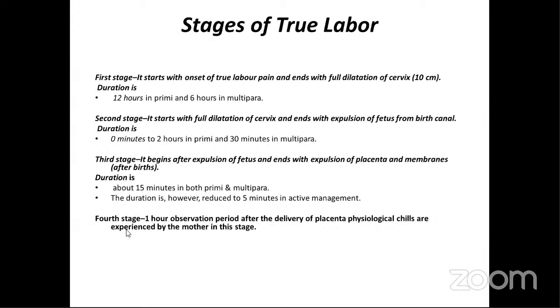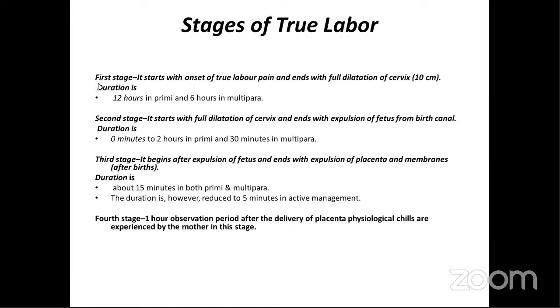You monitor the vitals, mainly pulse, BP, and saturation, continuously, and palpate the abdomen to see that the uterus is well contracted and retracted, and also check for PV bleeding. If there are any clots or excessive bleeding, you should be alarmed. So these are the different stages of labor.